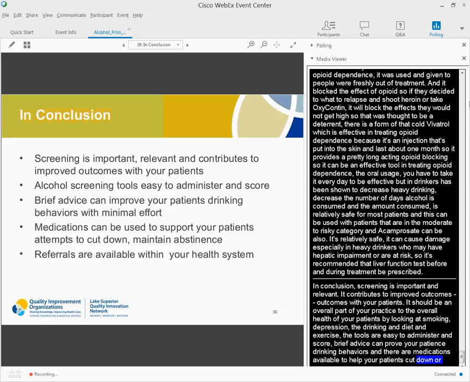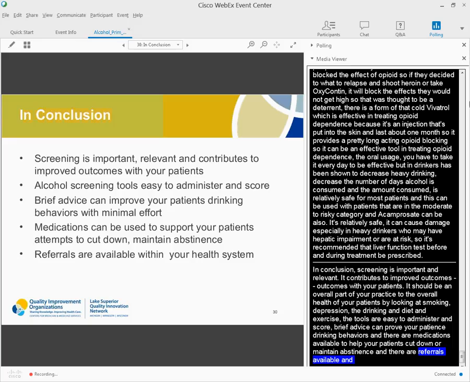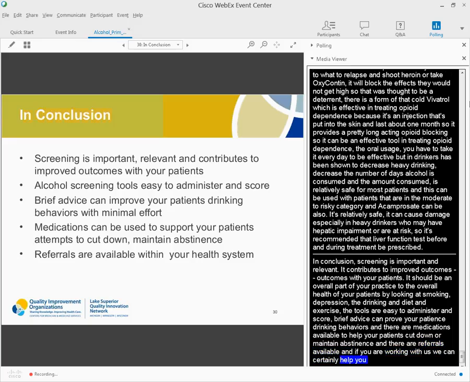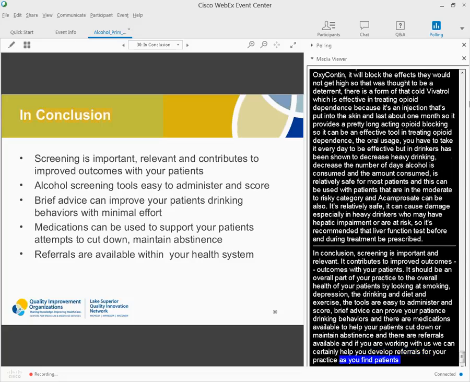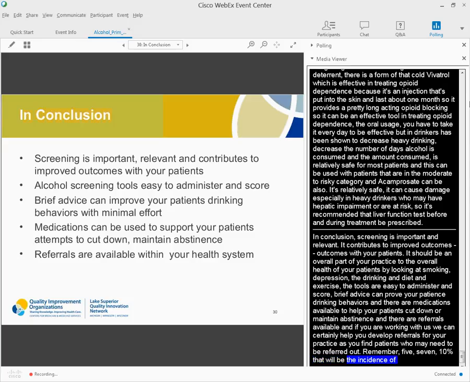And if you are working with us on the Behavioral Health Project, we can certainly help you develop referrals for your practice as you find patients who may need to be referred out. But remember, 5 to 7 to 10% is going to be the incidence of those patients requiring referral out for specialty services. It's not going to be a large chunk of patients.